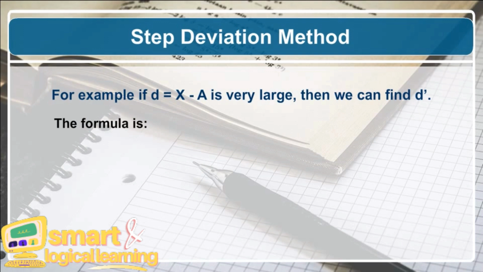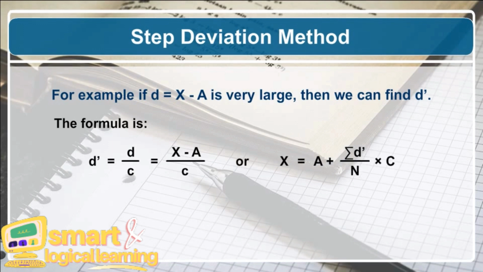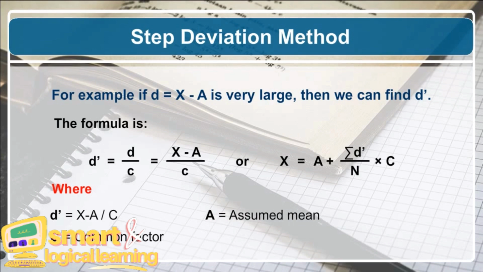The formula is d dash is equal to d upon c is equal to x minus A upon c, or x bar is equal to A plus summation of d dash upon n into c, where d dash is equal to x minus A upon c, c is equal to common factor, A is equal to assumed mean.